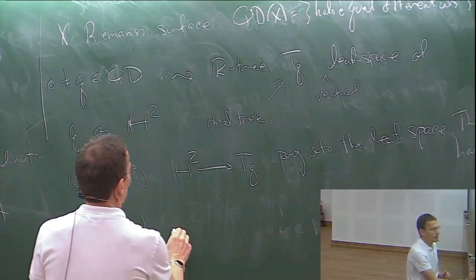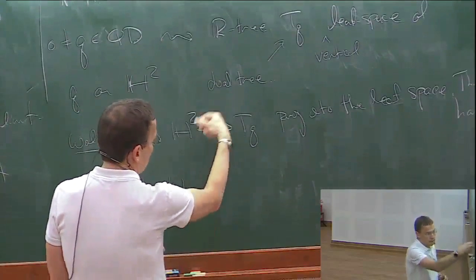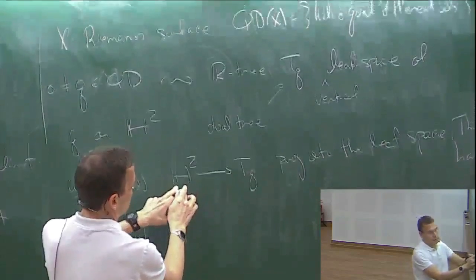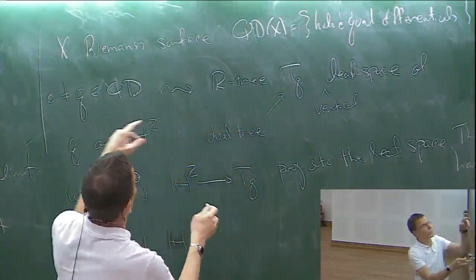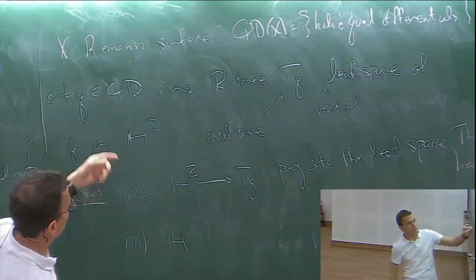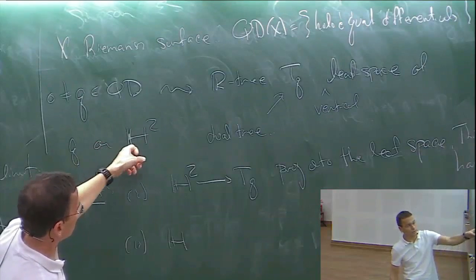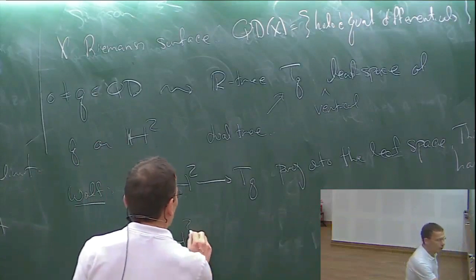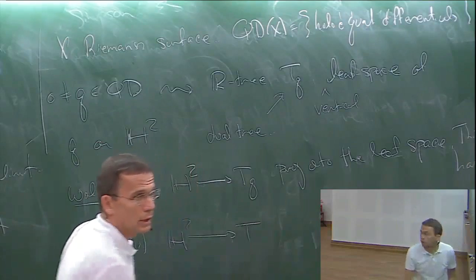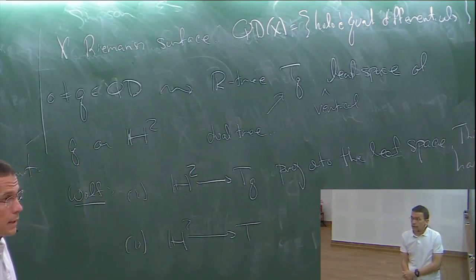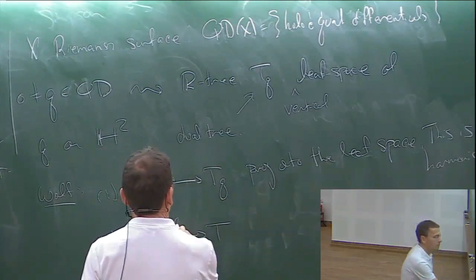And conversely, an equivariant harmonic map, right? There's a group acting here, and the group acts on the tree as well, because it came from a quadratic differential that's invariant here. So conversely, if I have an equivariant harmonic map to a tree, then I have the Hopf differential for this map.